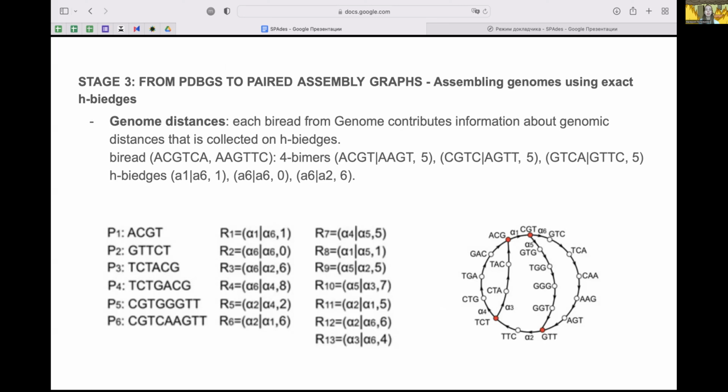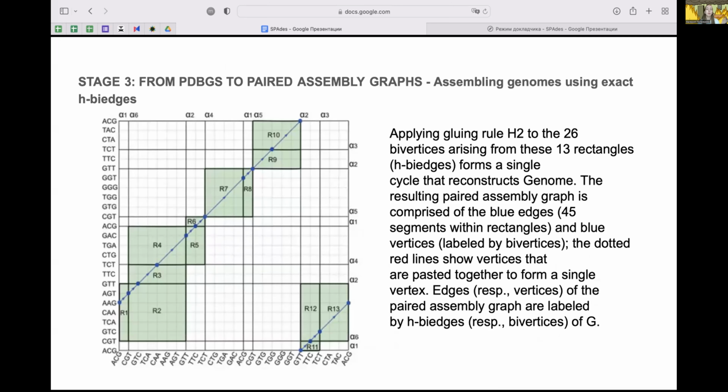So on the slide, you can see 13 HBHs, and next slide. If we work with them and we put them on the area with these rectangles, I should say that if you are very interested in the exact way how we construct this area with rectangles, you should read the paper, because we don't have time to go deeply into details.